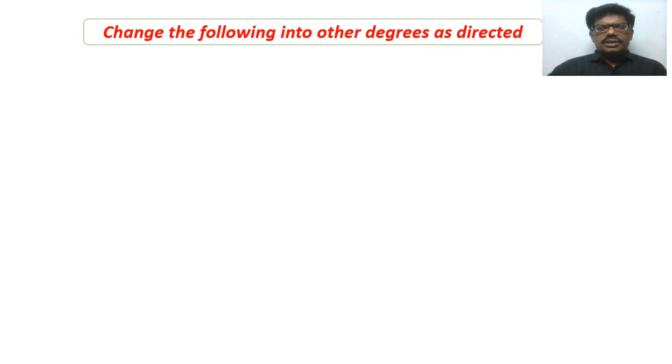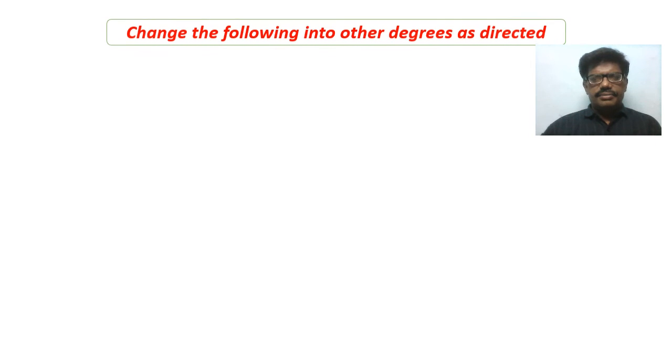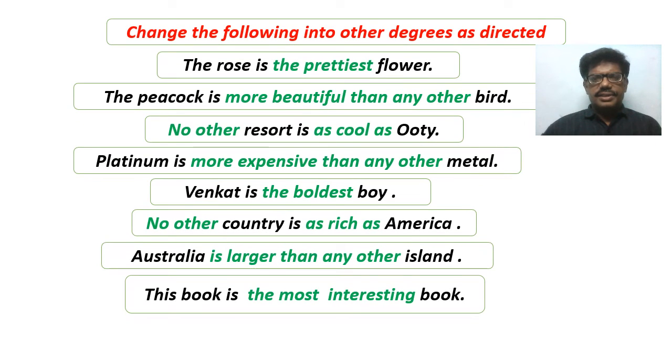Here is the exercise number 2. Change the following into other degrees as directed. Here are the questions. Here you can find the answers. Here are the same questions but in different form.